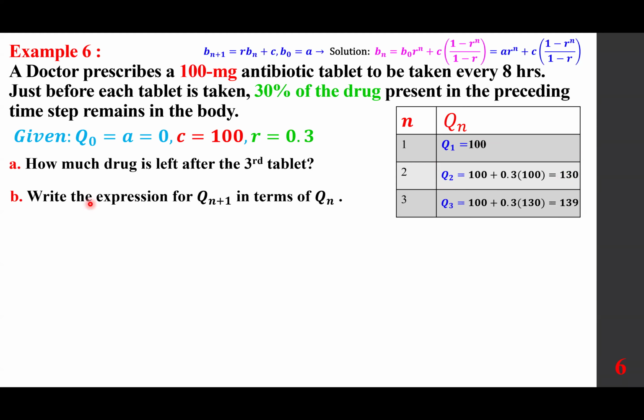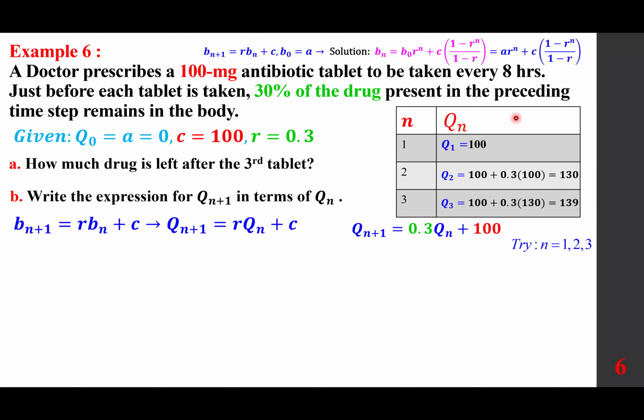To write the expression for Q sub n plus 1, we change this one to Q. And now we go back to the given. When you write the given, it really makes it nice and easy. So Q sub n plus 1 is R, 0.3 Q sub n plus C, 100. And right now, if you replace the n with 1, 2, 3, you can get the table.